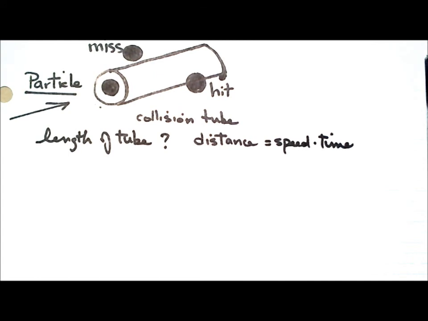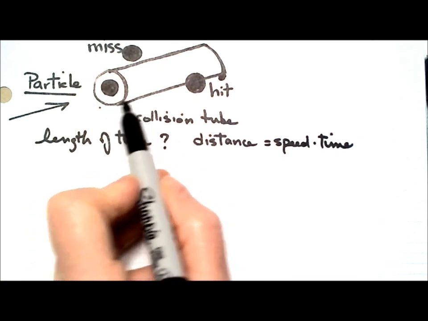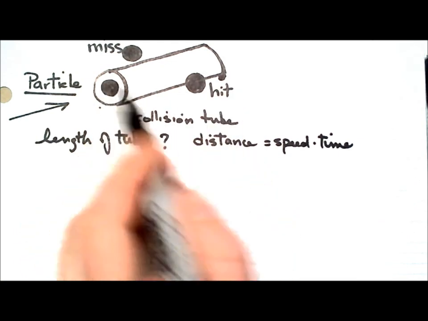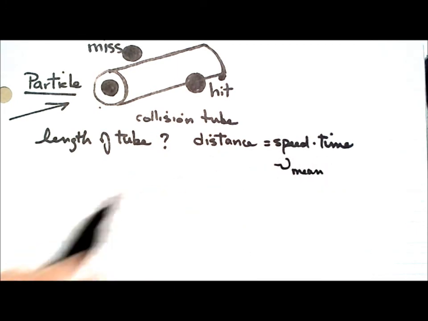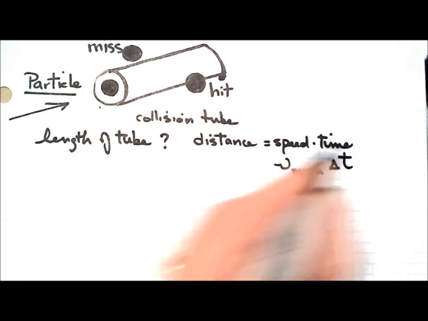The speed the particle is going is a mean speed, and the distance is the length of the tube, the distance this particle will travel if it's traveling at a mean speed for a period of time, delta t.